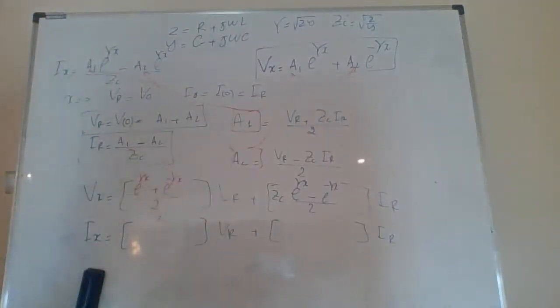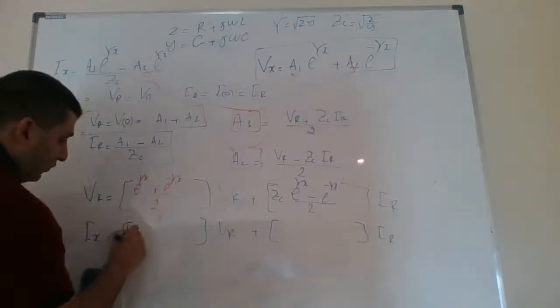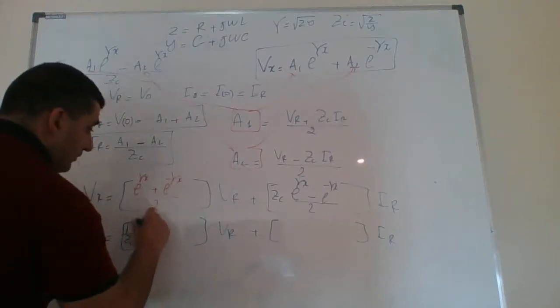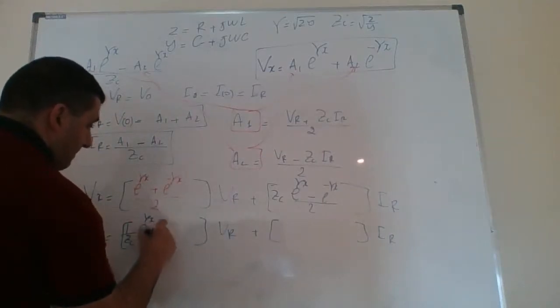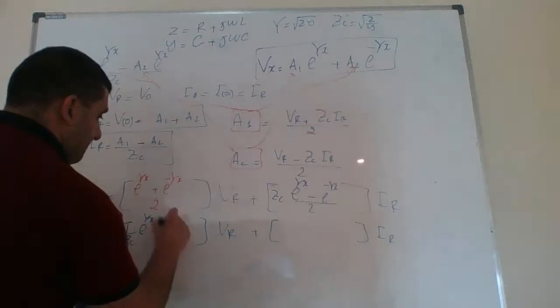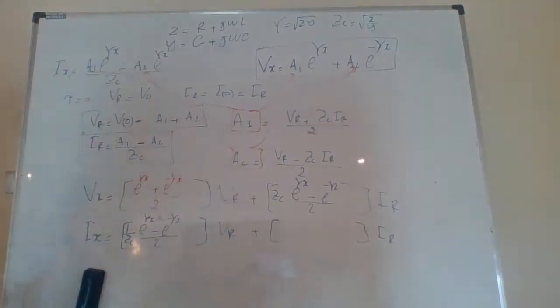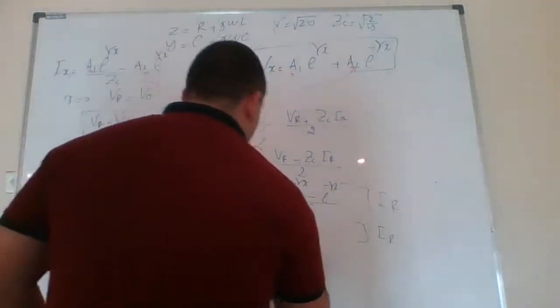So if I do the calculation, I end up with 1 over ZC exponential of something. This is what's multiplied by VR, and the second one will be equal to something else.